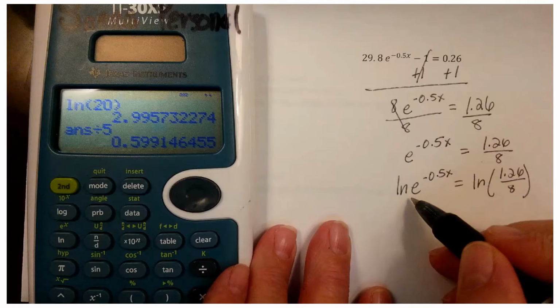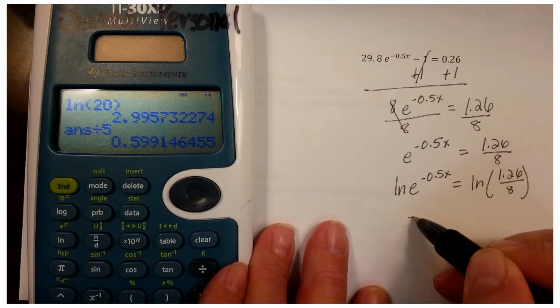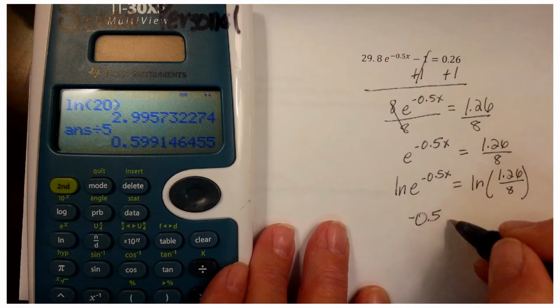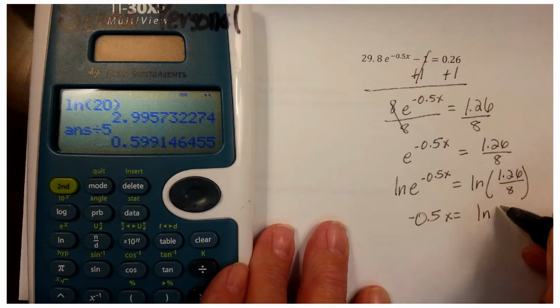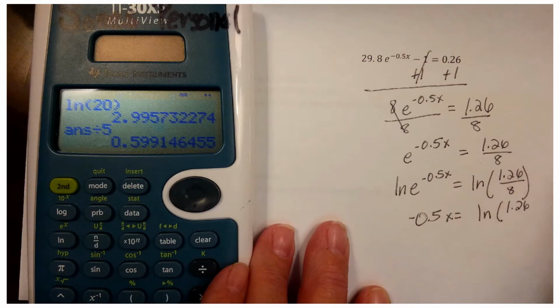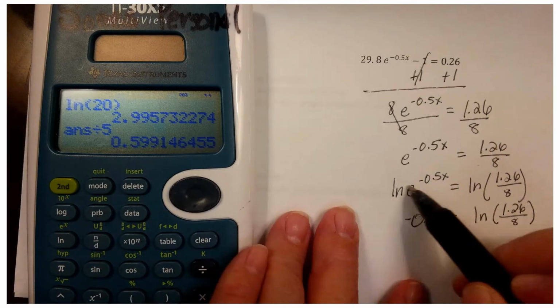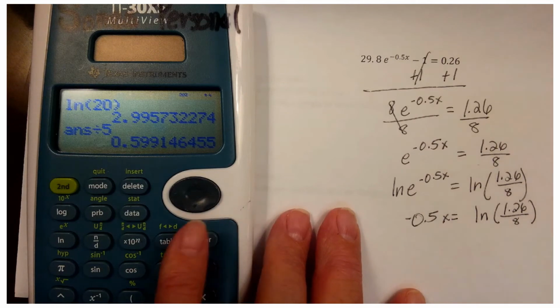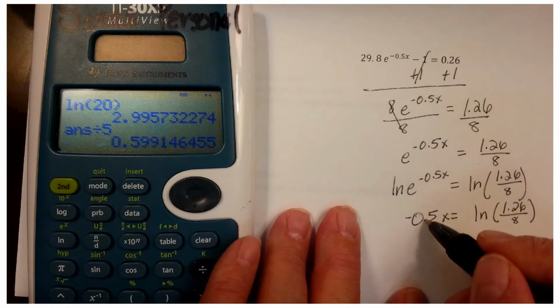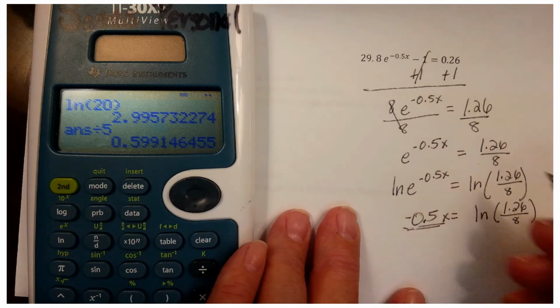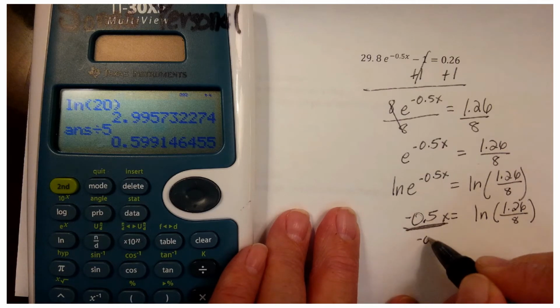And then remember that this exponent comes to the front. And this, again, natural log e went to 1, so it's really just gone away. All right, and then our last step would be to divide by negative 0.5.